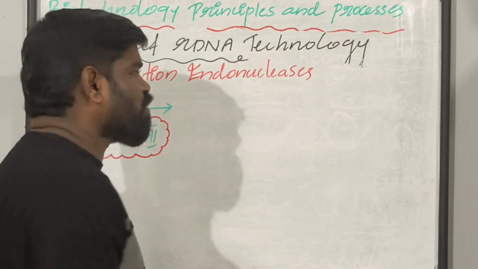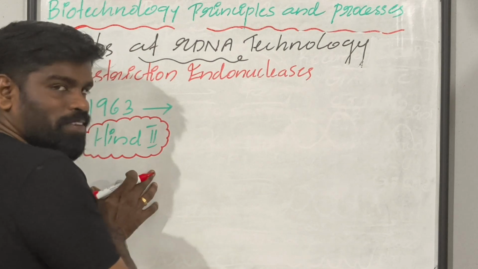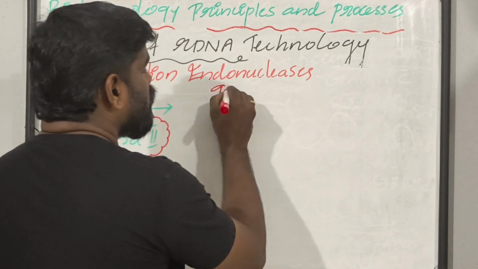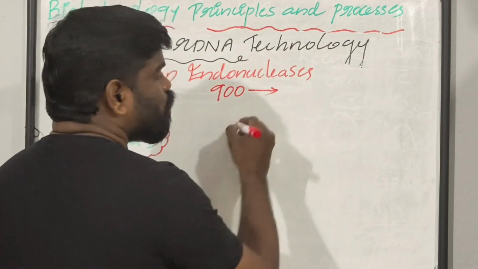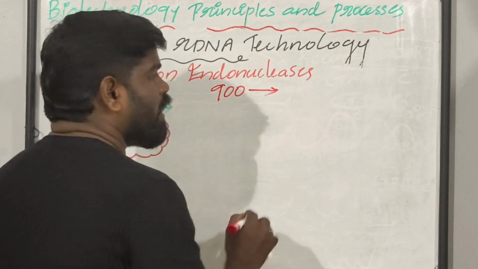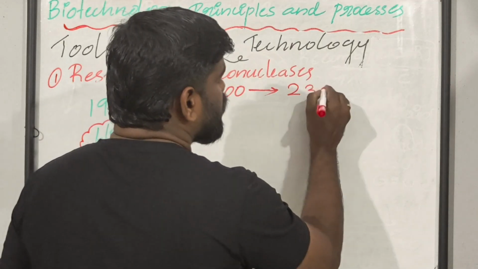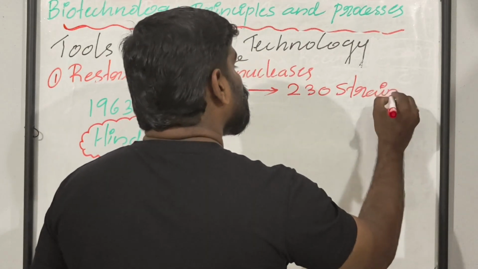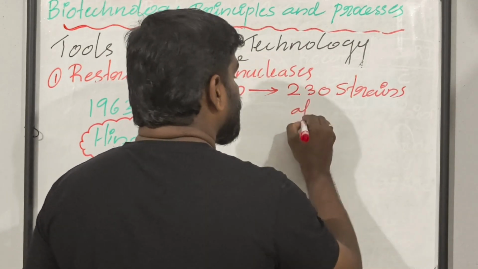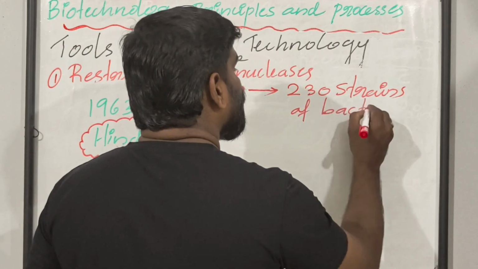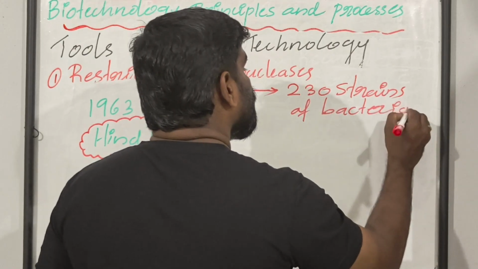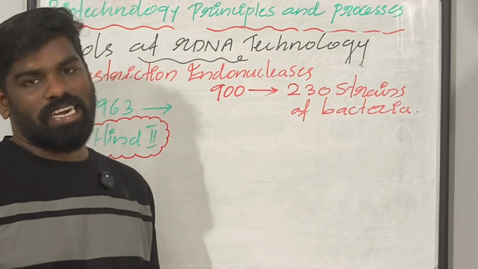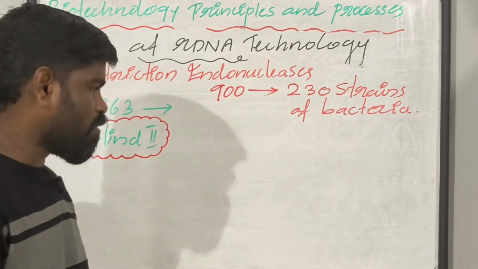Approximately 900 restriction endonucleases have been identified from 230 strains of bacteria. You have to keep that in your mind.